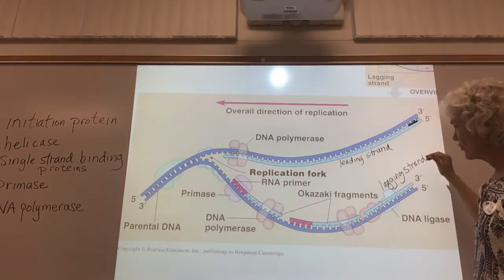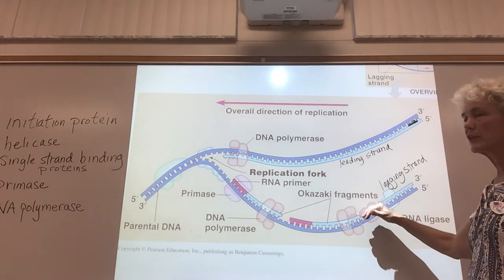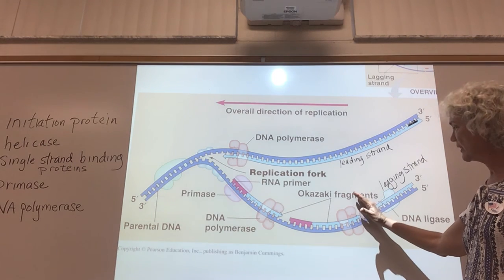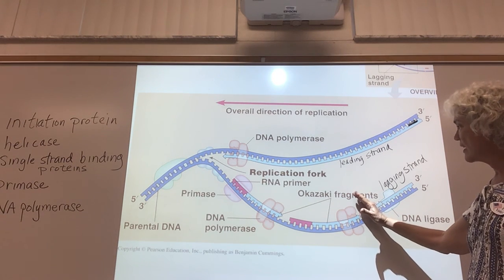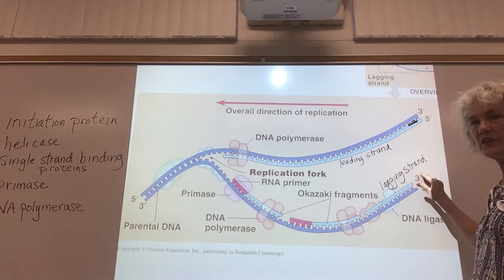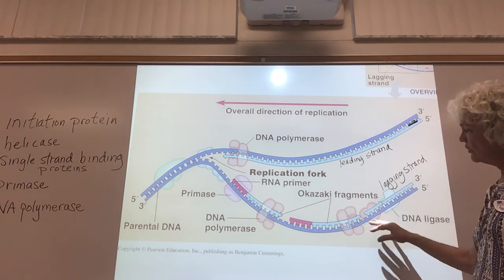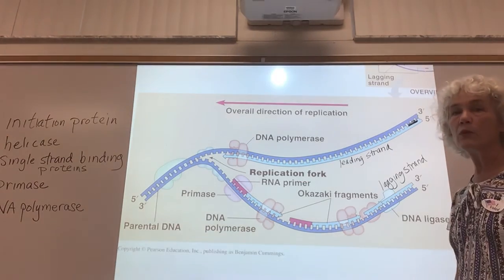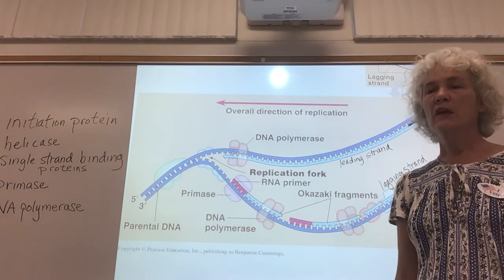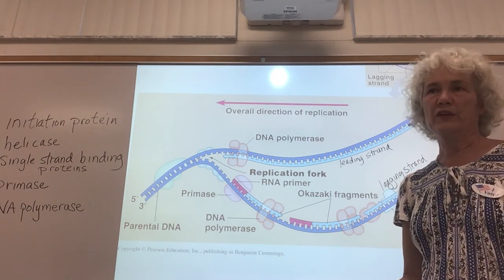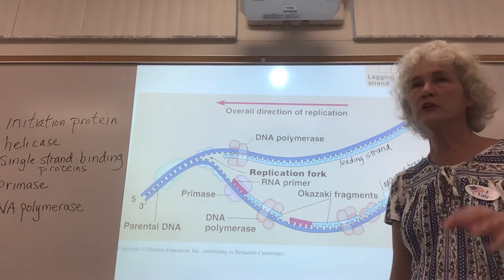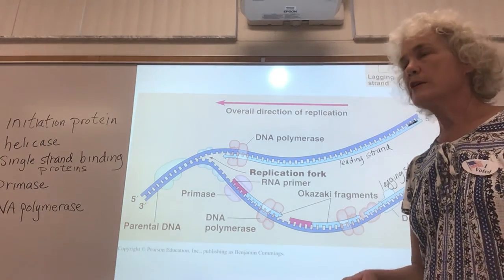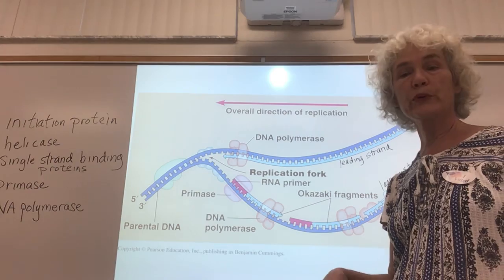If it's a lagging strand, it has to wait till it opens a little bit. The primer is then laid down a little ways and copies back with the DNA polymerase. Notice there's several DNA polymerases here. If we were getting more technical, we would talk about the names of those different ones. They actually have DNA polymerase 1, 2, and 3, etc. Not a detail we're going to cover.